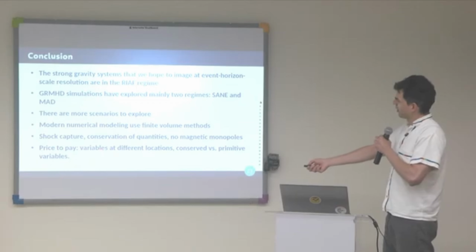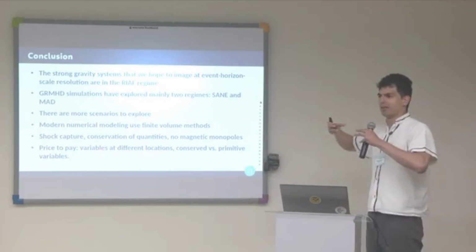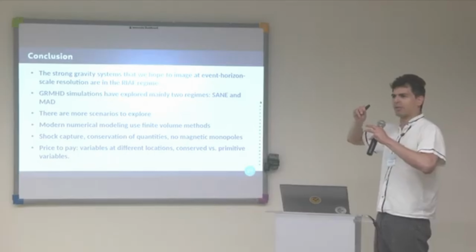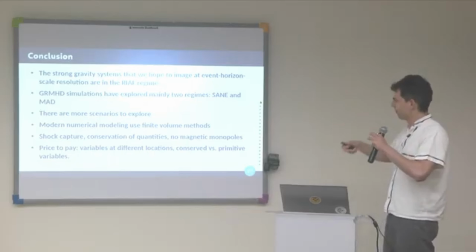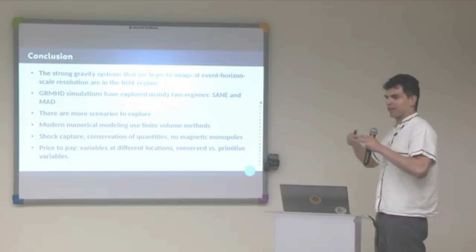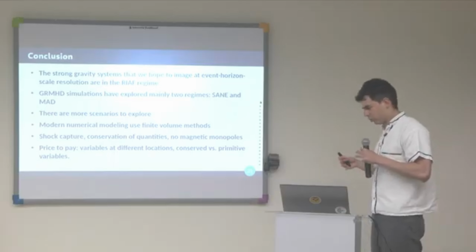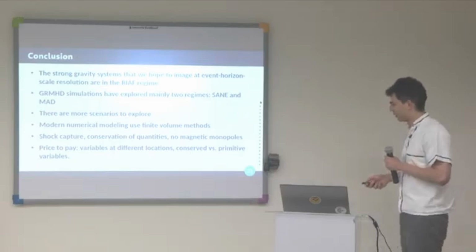But the price to pay is that variables have to be located at different places. So you don't have only cell-centered variables, but you have variables located at cell centers and fluxes located at the interfaces. And also one has to perform this conserved to primitive inversion, which is one of the parts that takes most of the computational cost of codes.